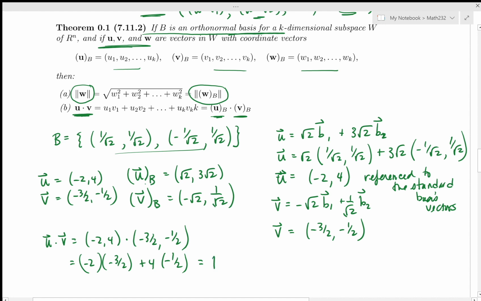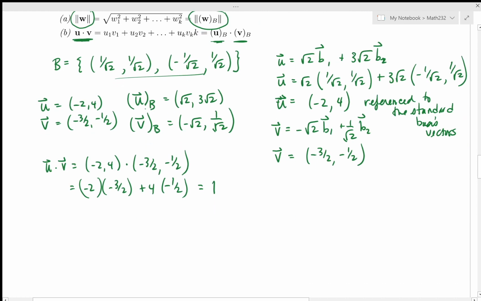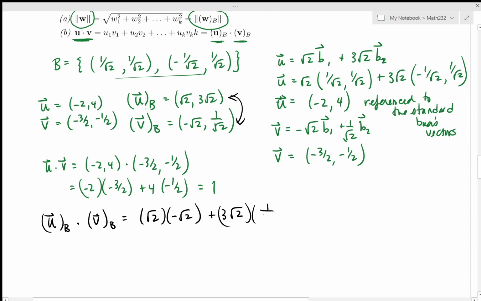Okay. Now I can take over here, or maybe below, in fact. So now I'm going to just calculate it the other way. I'm going to take u referenced to B dot v referenced to B, and that is going to be root 2 times -root 2, and then 3 root 2 times 1 over root 2, and that comes out to be -2 plus 3, and voila, it's also equal.